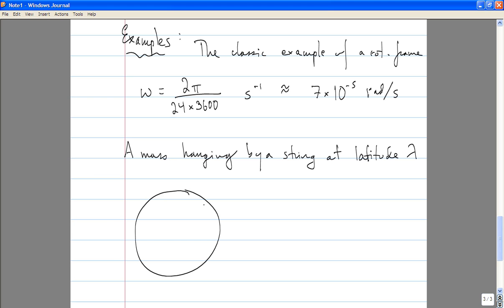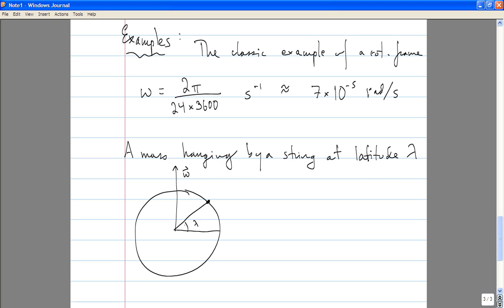And let's say that we're at latitude lambda, which means that if the North Pole around which the Earth is rotating is pointing vertical in this picture, then lambda is the angle of latitude, so it's the angle made with the horizontal axis in this picture.